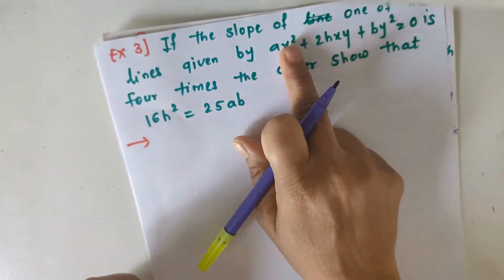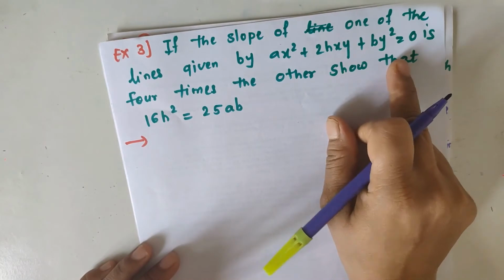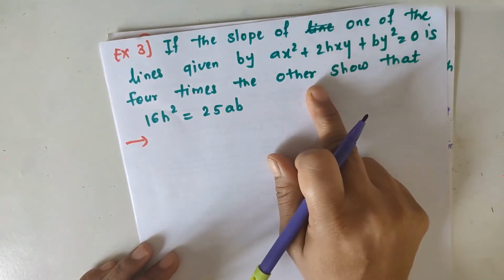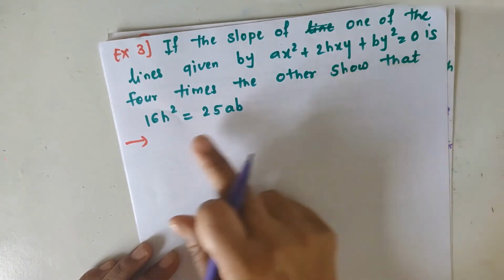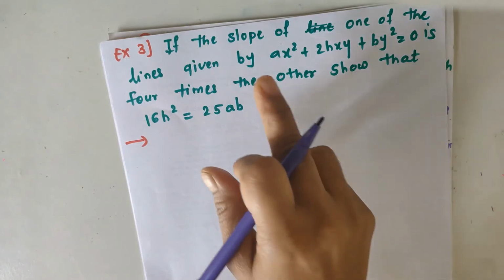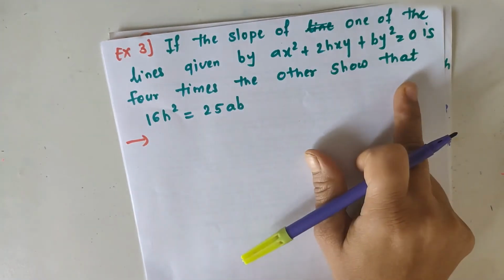Now let's see the third example. If the slope of one of the lines given by ax square plus 2hxy plus by square is equal to 0 is 4 times the other, show that 16h square is equal to 25ab. In this example, the slope of one line is 4 times the other.